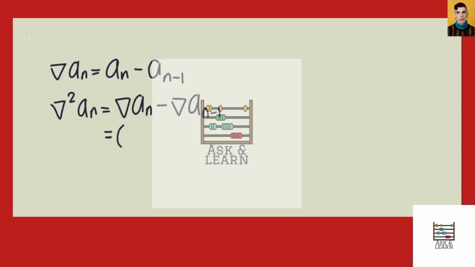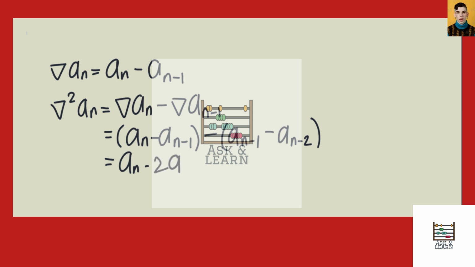Well, so this is going to be equal to, just using the formula above it, a_n minus a_n minus 1, minus a_n minus 1 minus a sub n minus 2. Okay. So this ends up equaling a_n minus 2a sub n minus 1 plus a sub n minus 2.